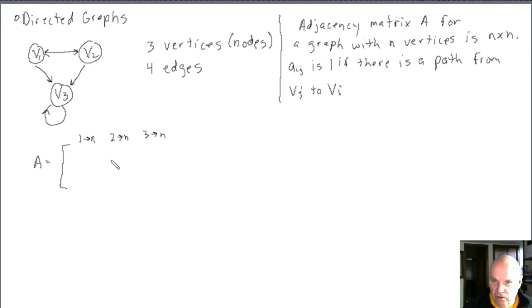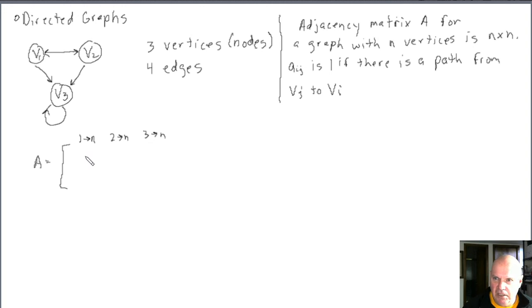Now, you wouldn't get the same result if you did this by rows, but this helps. The aij element is in the ith row and jth column, so the paths go from the columns to the different rows, and this helps me keep this straight.